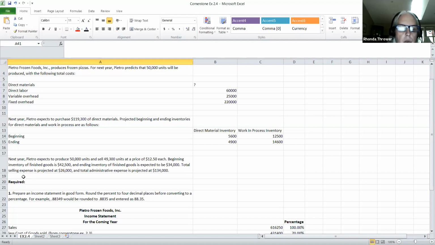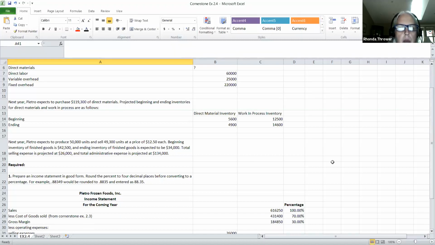Now they've added that they've got selling expenses at 26,000 and total administrative expenses of 134,000. As well, it says next year this company wants to produce 50,000 units and sell 49,300 at a price of $12.50 each. So you need to know how many units they are expecting to sell. You've got to be able to calculate the sales on your income statement.